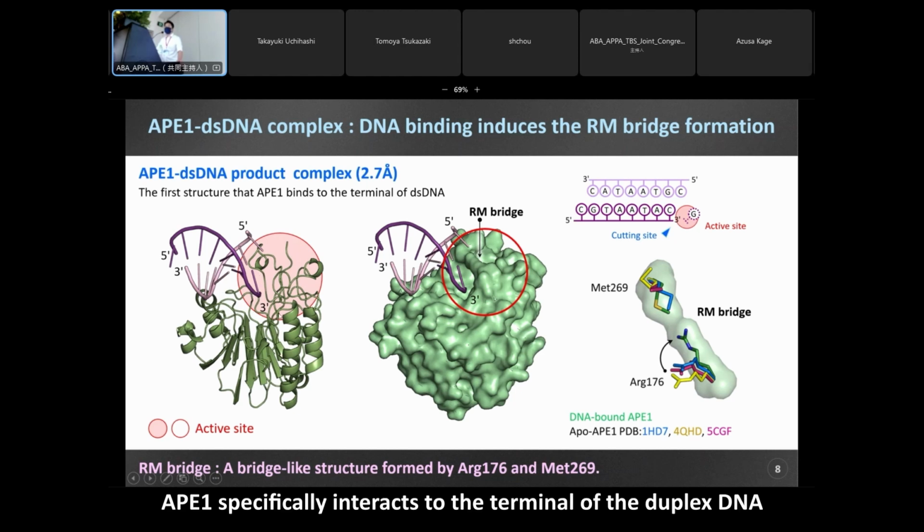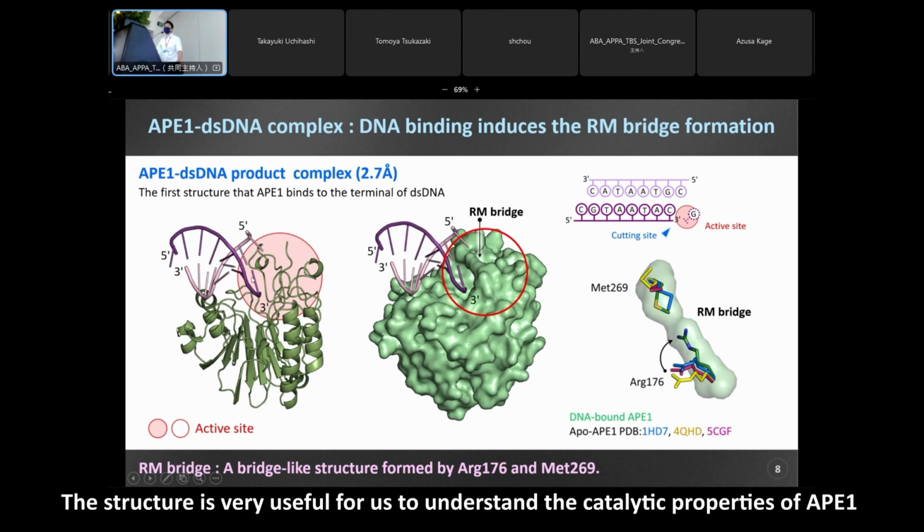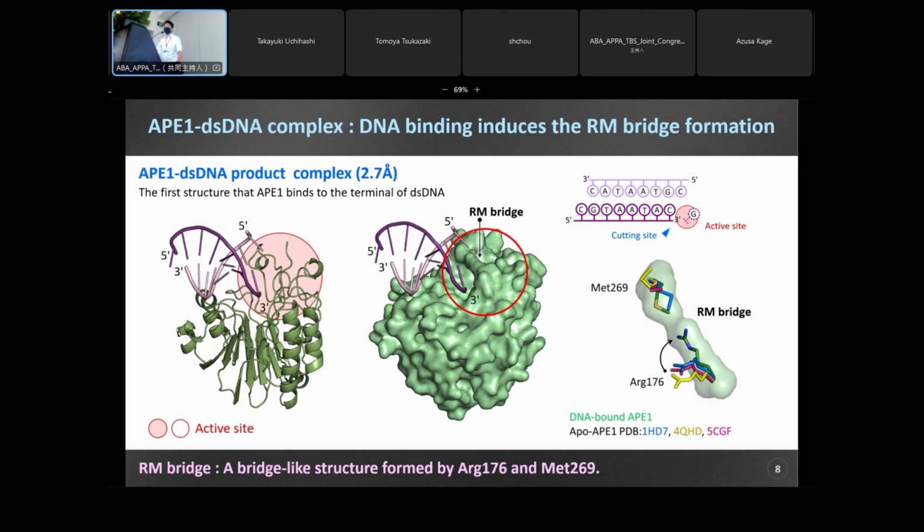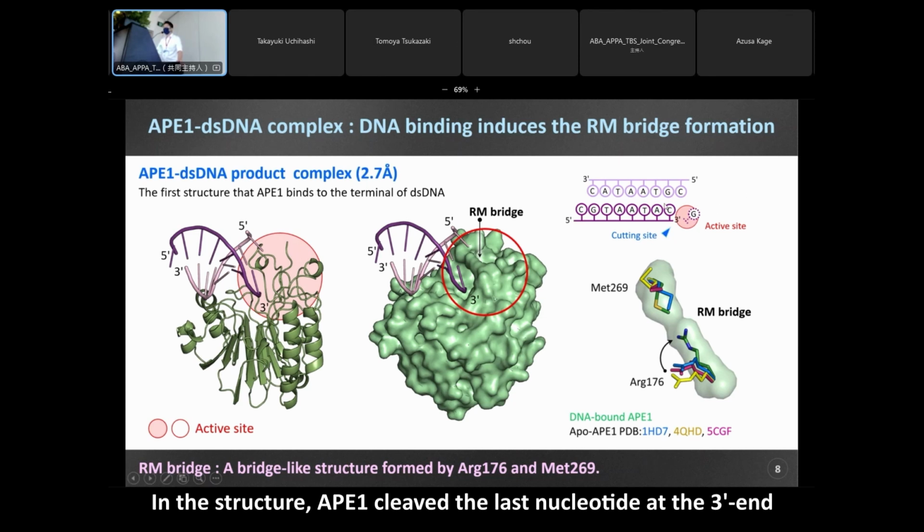APE1 specifically interacts with the terminal of the duplex DNA. And the structure is very useful for us to understand the catalytic properties of APE1 as an exonuclease. In the structure, APE1 cleaved the last nucleotide at the 3' end, so this structure is a product complex structure.